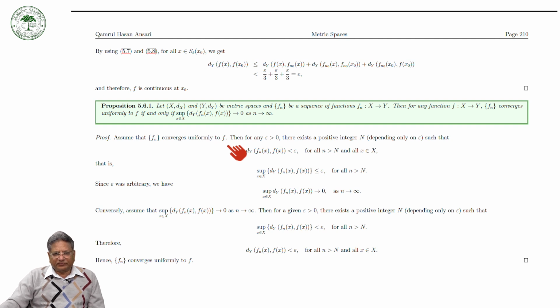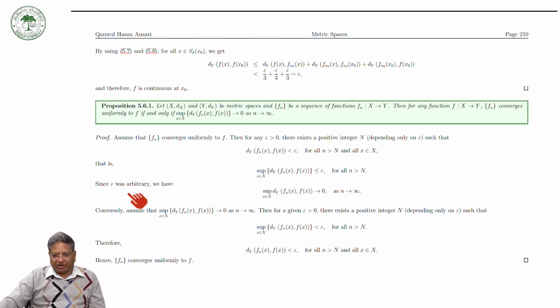Then, by the definition, for every epsilon positive, there exists a positive integer N depending only on epsilon, such that this inequality holds for all natural numbers n greater than N and all x in X. Since this is less than epsilon for all x, we can take the supremum over all x in X. So this is less than or equal to epsilon for all n greater than N, because the supremum can be equal to epsilon.